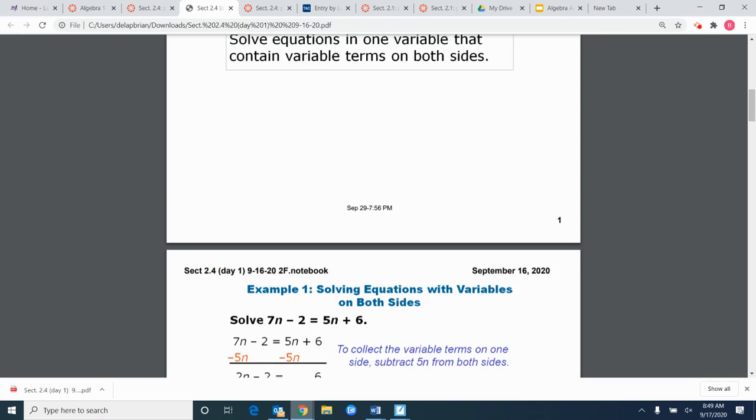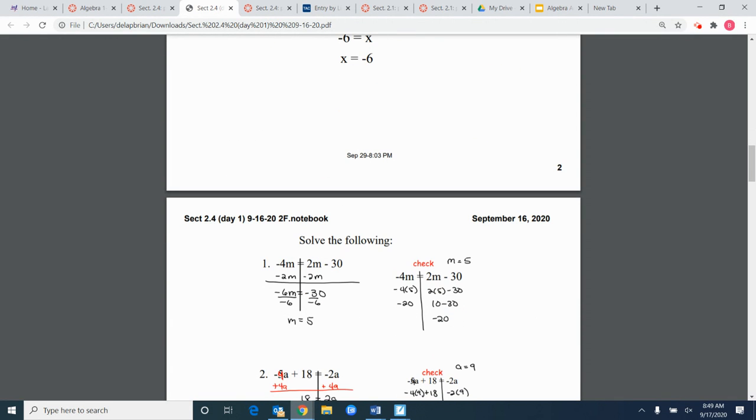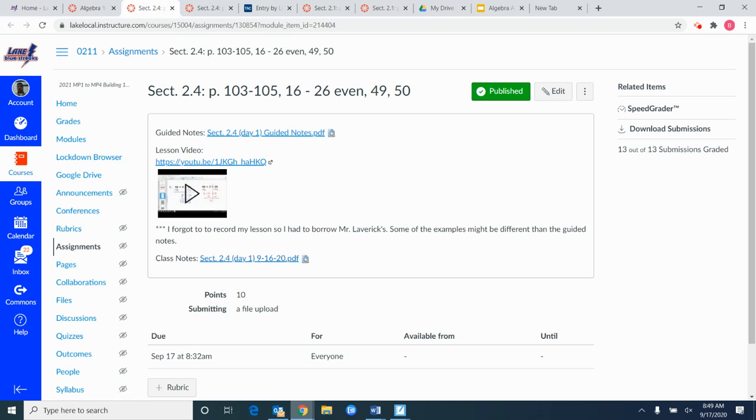It doesn't have the explanations, but it has at least the problems worked out. So you have a lot of resources to help you, especially when you're missing, or if I'm missing, you can still access something. Right now we're planning on a video in every lesson.